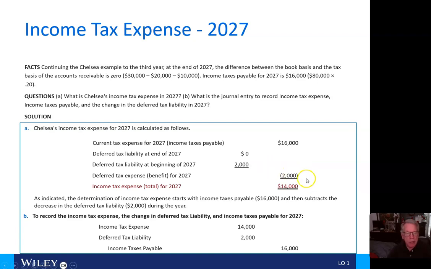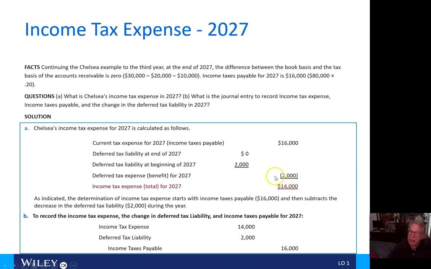So that's going to be a bit of a benefit of $2,000 here. And so we will add that minus $2,000 to $16,000 to get income tax expense of $14,000 in 2027.